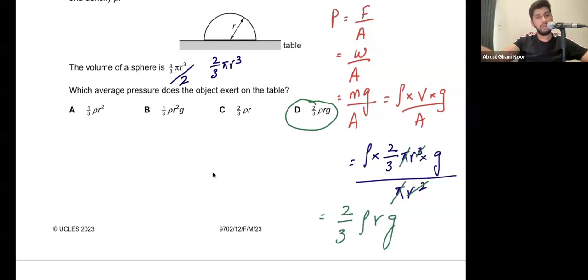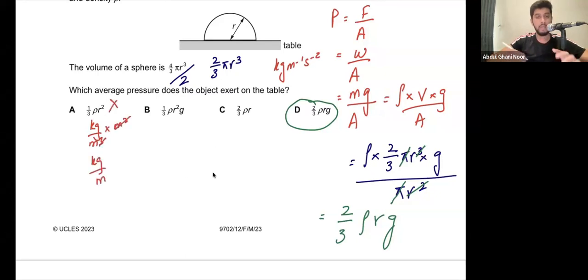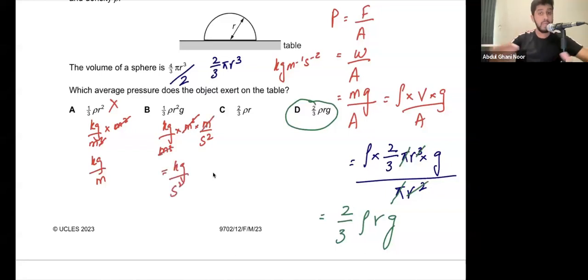क्लियर है? एक और तरीके से भी ये सवाल किया जा सकता है, वो ये है कि आप यूनिट्स देख लो। देखो, प्रेशर का यूनिट क्या होता है? प्रेशर का यूनिट होता है किलोग्राम पर मीटर पर सेकंड स्क्वायर। डेंसिटी होता है किलोग्राम पर मीटर क्यूब। आर स्क्वायर होगा मीटर स्क्वायर। दिस कैंसल्स आउट, किलोग्राम पर मीटर, ये तो नहीं हो सकता प्रेशर। डेंसिटी इज वंस अगेन किलोग्राम पर मीटर क्यूब। आर स्क्वायर इज मीटर स्क्वायर। जी इज मीटर्स पर सेकंड स्क्वायर। तो ये मीटर स्क्वायर मीटर मीटर क्यूब बन गया, कैंसिल हो गया, किलोग्राम पर सेकंड स्क्वायर, ये भी नहीं हो सकता। सही, 2/3 रो आर। I can clearly see this is not the answer.